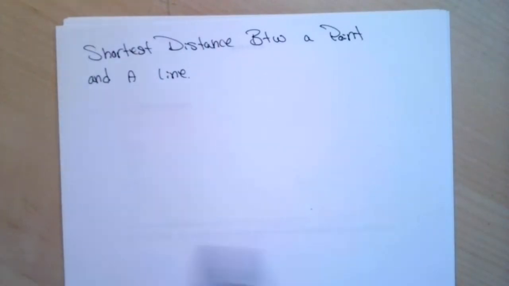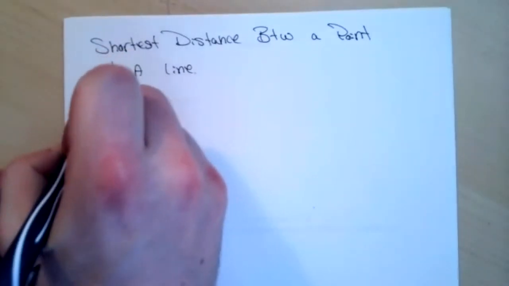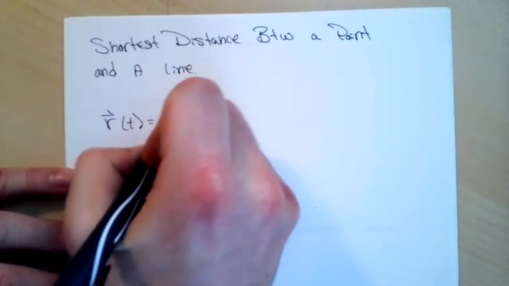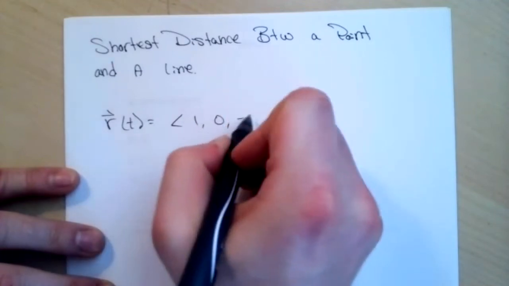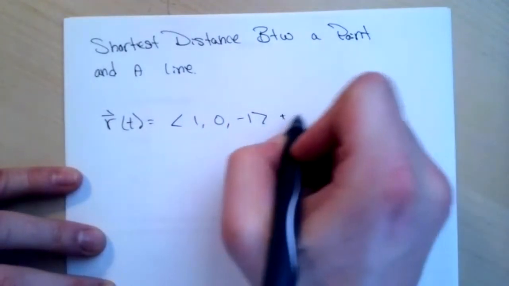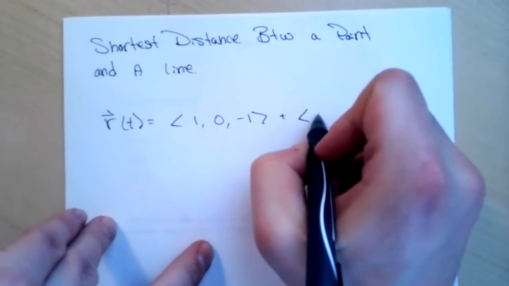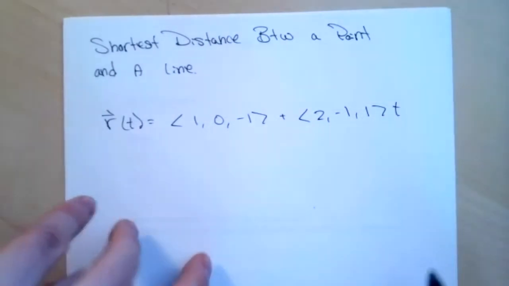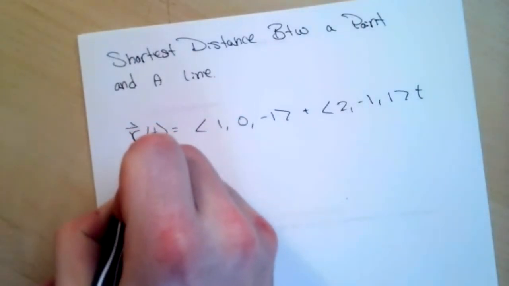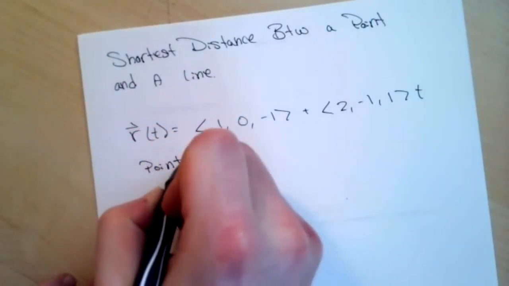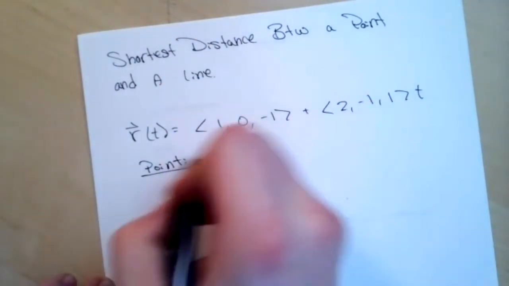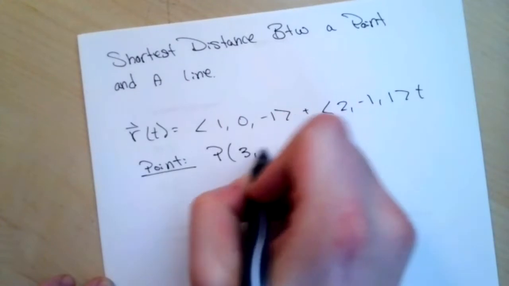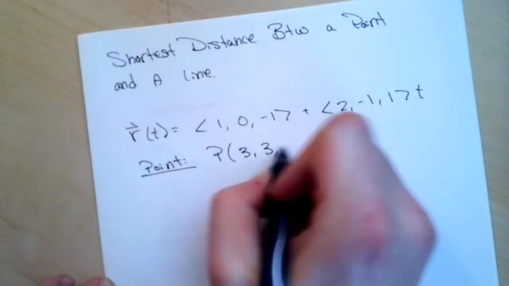Let's maybe use our line as (1, 0, -1) plus t times (2, -1, 1), and our point, let's just call it P, and let's say (3, 3, 1).